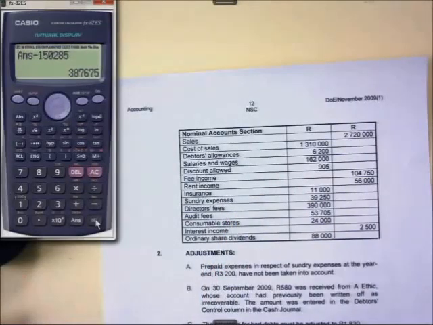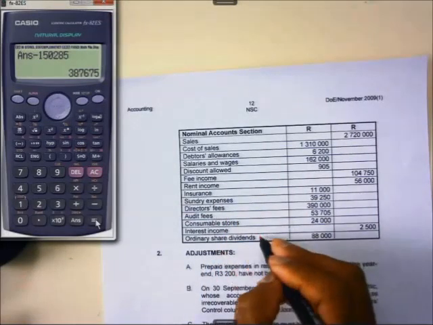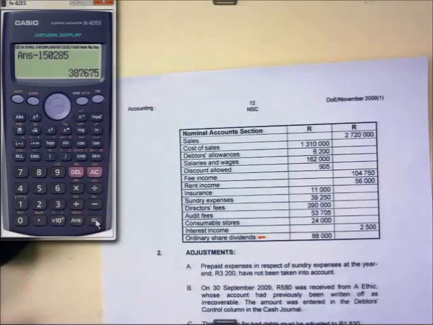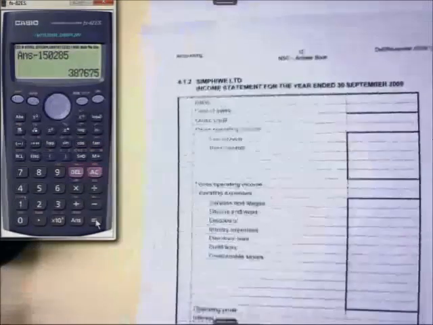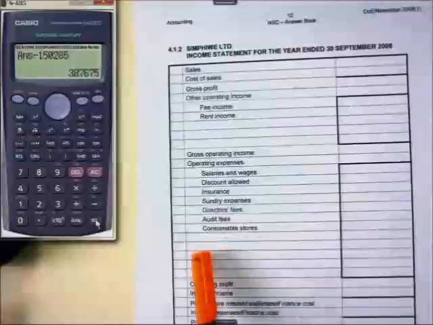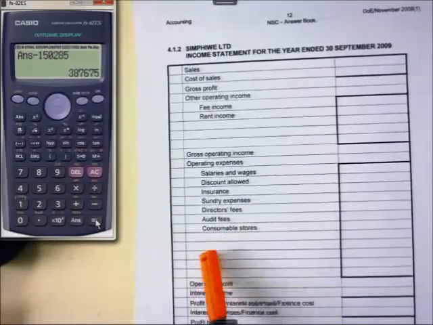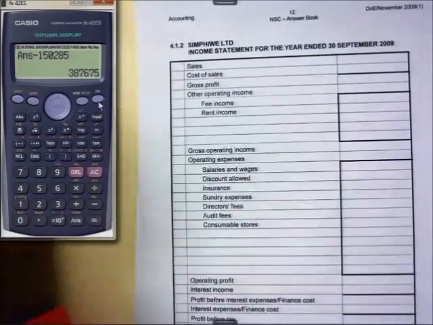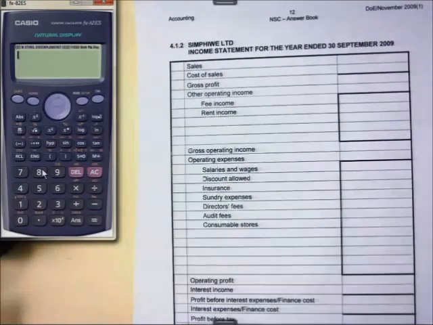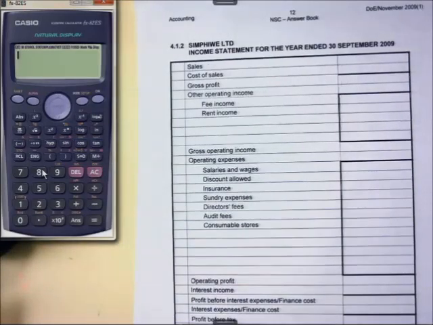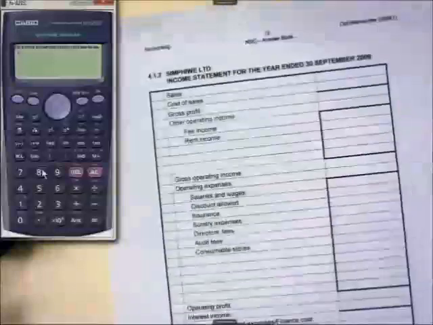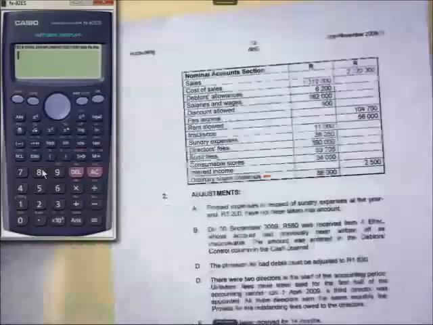And we also said the ordinary share dividends will not be part of the income statement. So when you prepare the income statement, you are not going to include ordinary share dividends as operating expenses, because it's part of the appropriation of the profit of the company. So it will be part of the appropriation account or retained income note, not part of the income statement. So please don't forget about that.